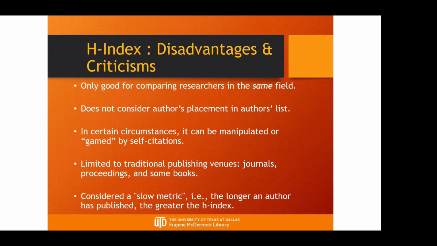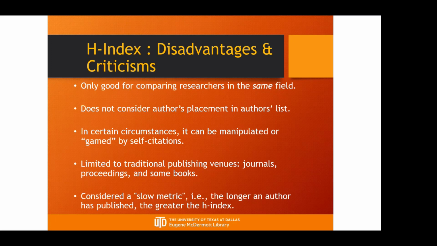Lastly, another glaring criticism is that the H index does tend to omit books or monographs from its calculations. So, Scopus and Web of Science do largely ignore books and how often the authors have been cited in them, which again disadvantages the A&H community greatly.